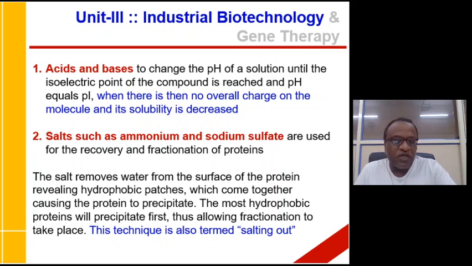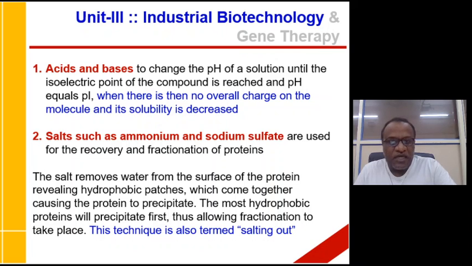So these salts are used for the recovery and fractionation of proteins. You people are very well aware of the term salting out. So what is all about this? The salt removes water from the surface of the protein so that the hydrophobic moieties are revealed.